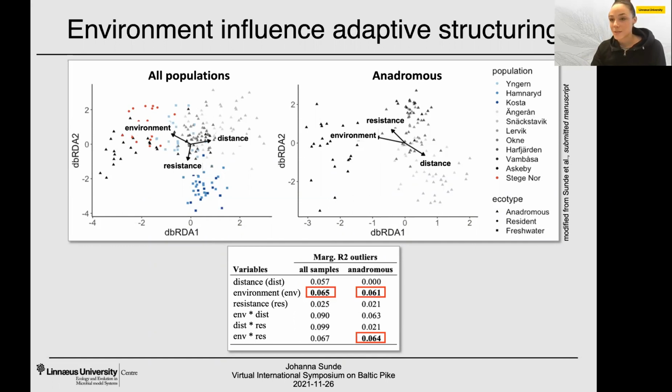And this is not really surprising given the high importance of salinity that we know in pike, and also the selection pressure that it imposes. But another thing that was really interesting was that, again, we see the same pattern across the structural levels.